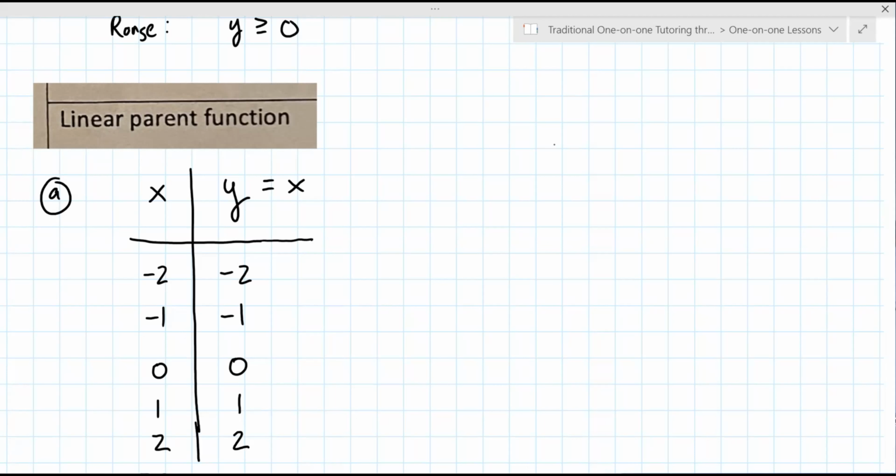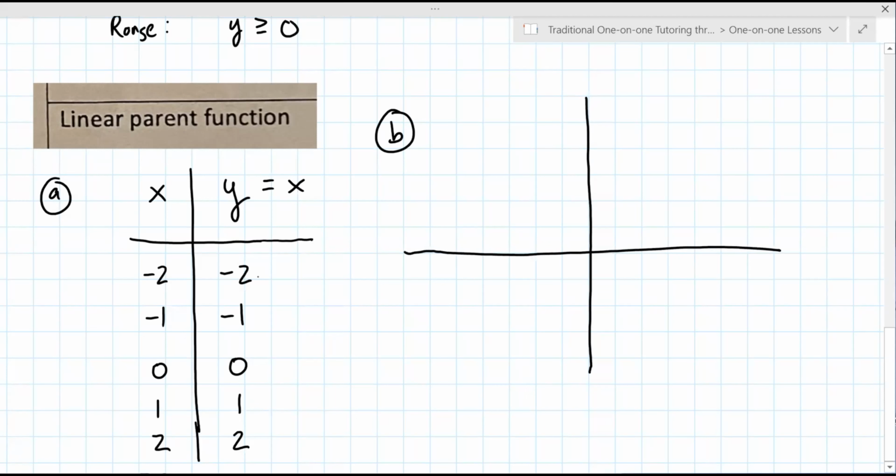I got it. All right, now part B is a graph. We're going to graph each of these ordered pairs. So -2, -2 is down here. Okay, -2, comma -2, -1, -1 is there. And then there's 0, 0.